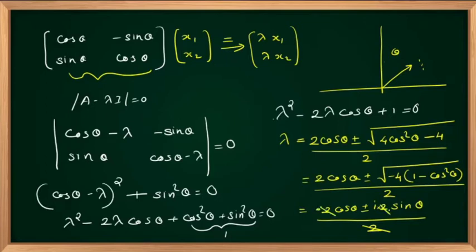So what is the answer? The answer is cos theta plus or minus i sin theta. So the eigenvalues are lambda 1 equal to cos theta plus i sin theta and lambda 2 equal to cos theta minus i sin theta. These are the two eigenvalues, right?